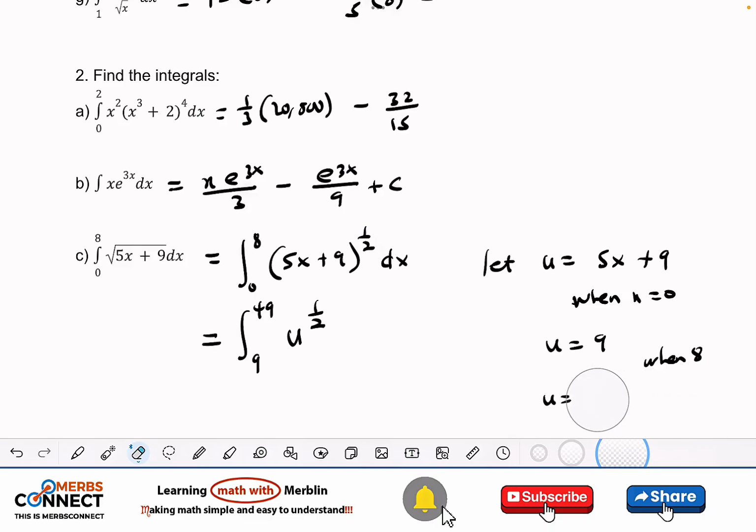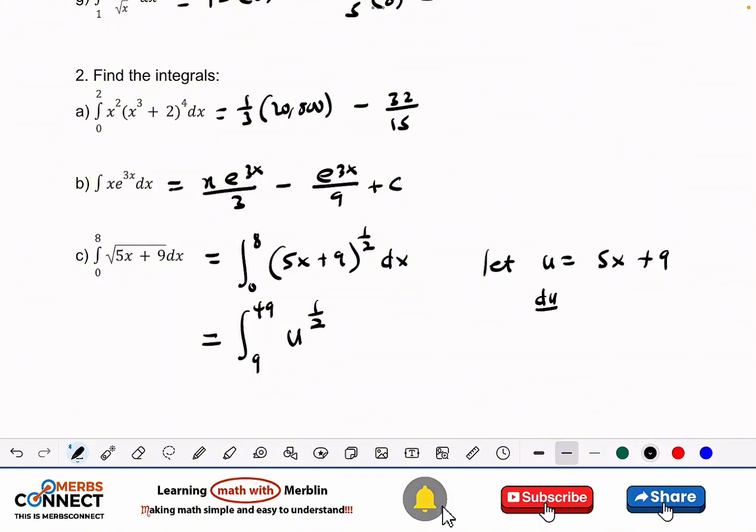So now what can we do? Since we have u, we can differentiate u with respect to x. So du over dx will be equal to 5. Then let's make dx the subject. I'll multiply this one by this, and I'm going to have du is equal to 5 dx.